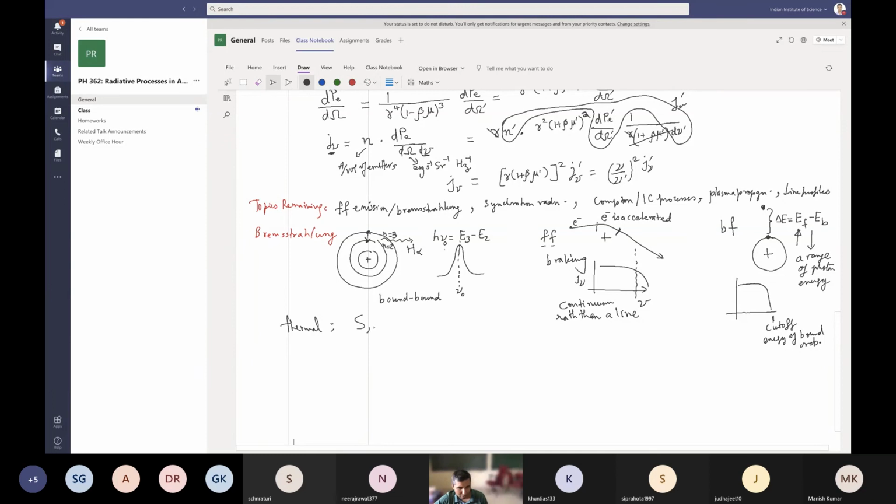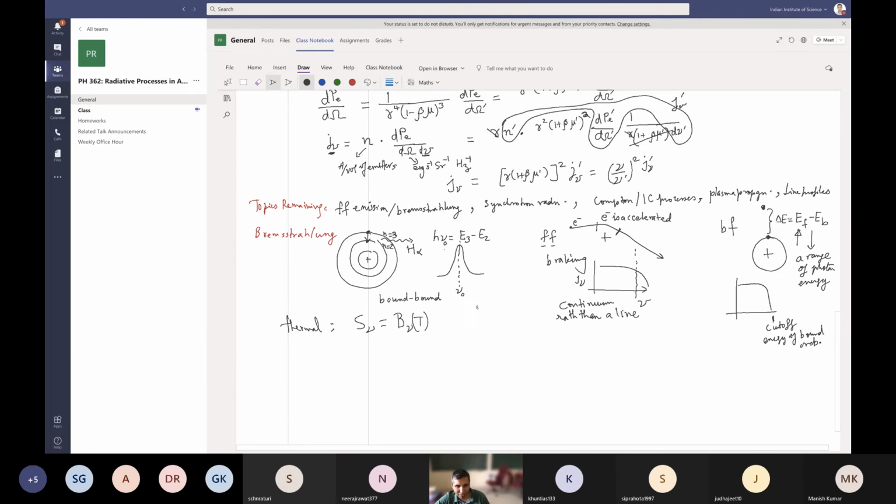For a thermal emitter, S nu is equal to... A thermal emitter need not always be black body, right? But in a thermal emitter, if your optical depth is high, then the thermal emitter should relax to a black body, right?